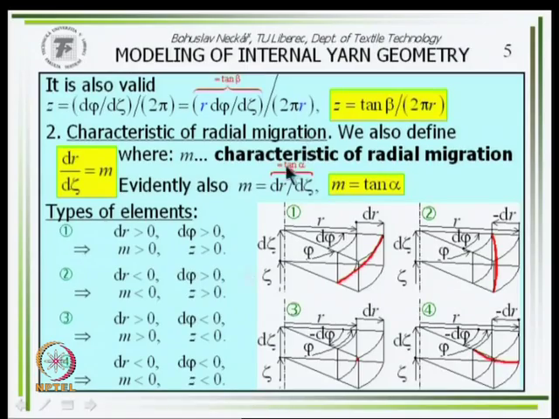We assume that our zeta coordinate is increasing when we go, like a microbe, through this fiber path inside the yarn: then our zeta coordinate is higher and higher. So using these two parameters, z and m, four possible characters of the fibrous element can be defined. It's shown here.